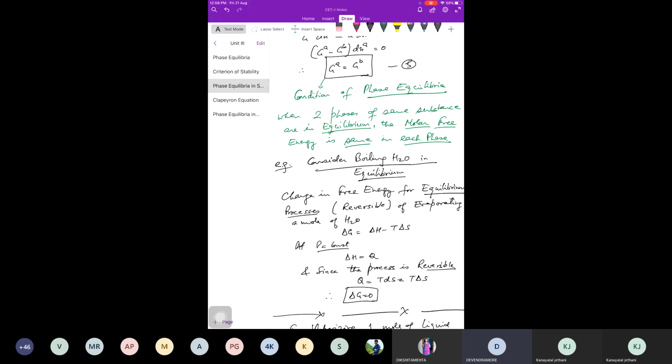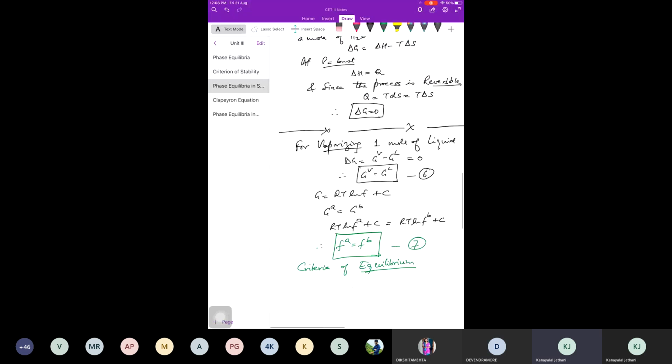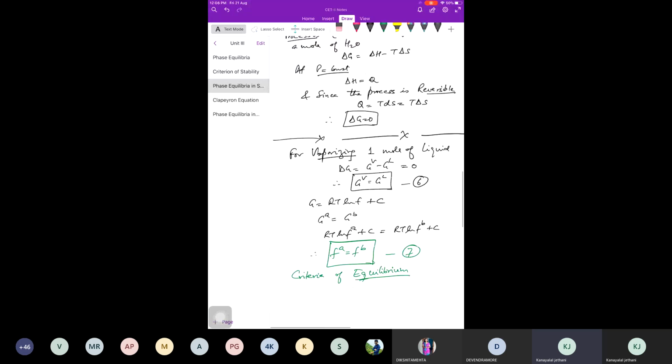Yes, sir. Done. Okay. So for vaporizing 1 mole of liquid, delta G is equal to G of vapor minus G of liquid. The two phases, vapor and liquid, are in equilibrium. So G of vapor minus G of liquid is equal to 0. Therefore, G of vapor is equal to G of liquid. We've seen that: GA equal to GB.